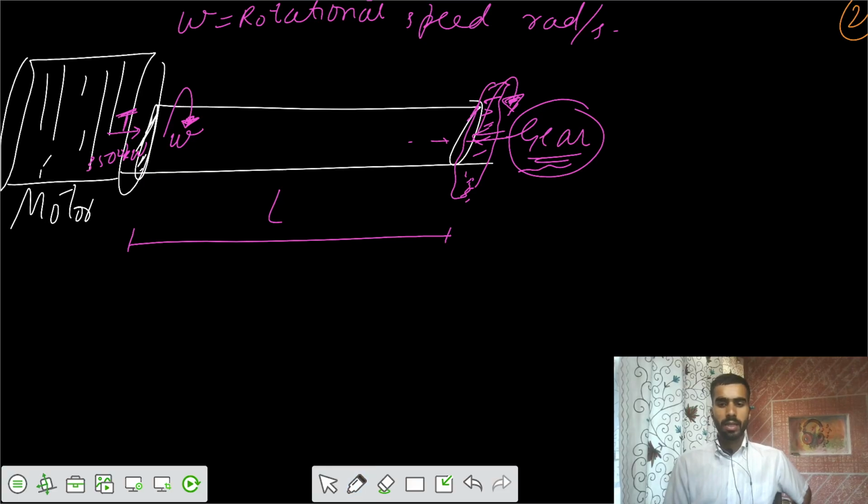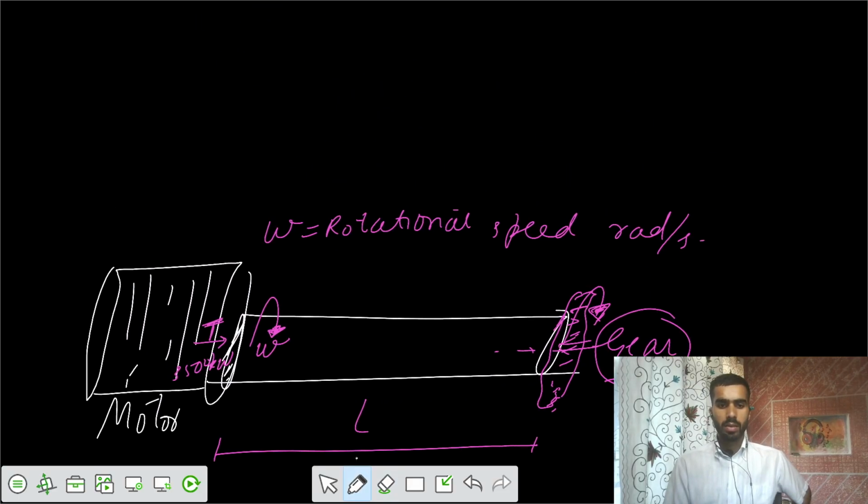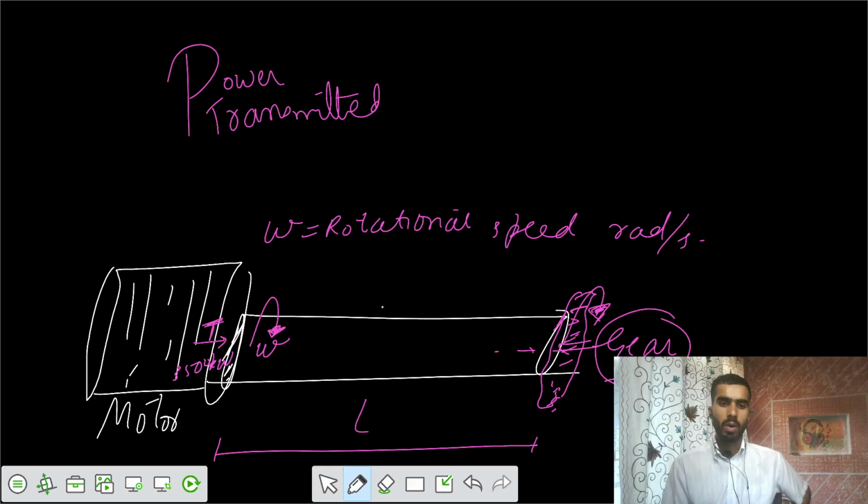So we say that the power transmitted is a function of the torque applied on the shaft and the omega at which it is rotating.